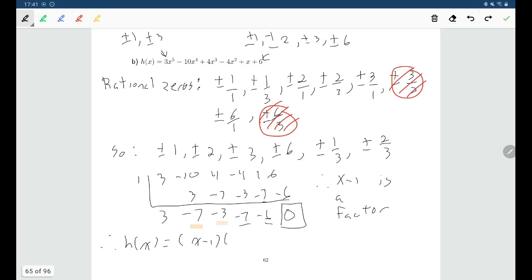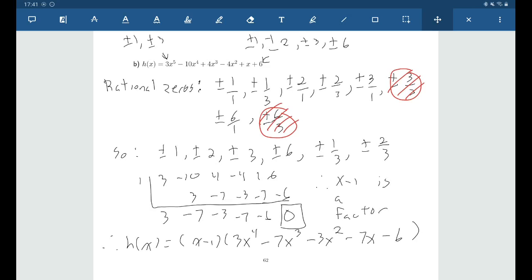So what's left over is a polynomial of degree 4. That would be 3x to the 4 minus 7x cubed minus 3x squared minus 7x minus 6. All right, and then we just need to continue along.